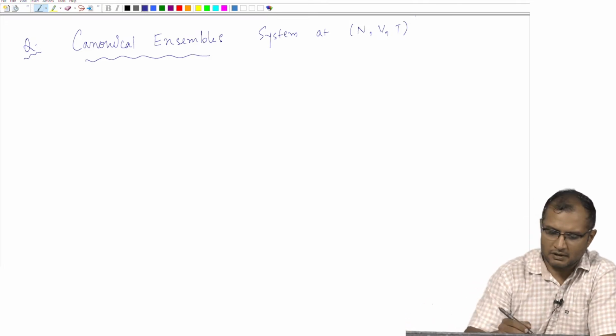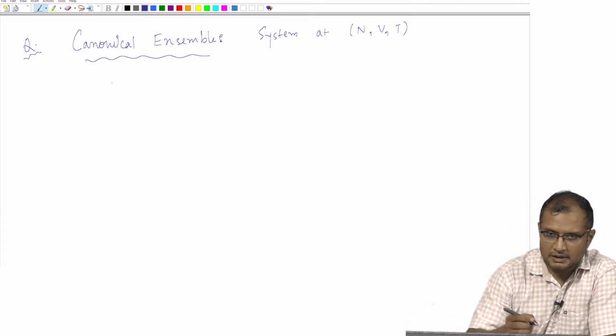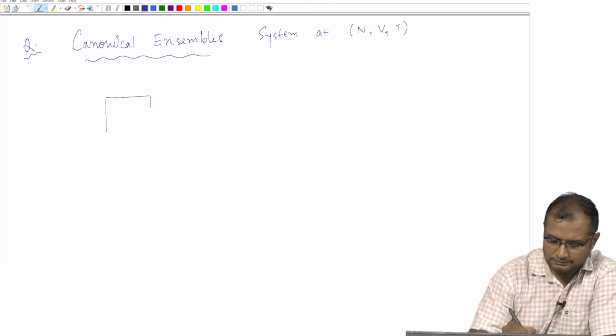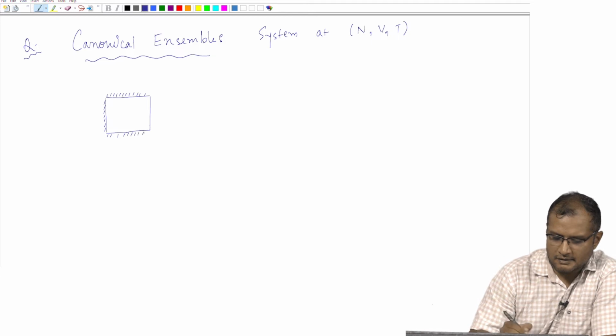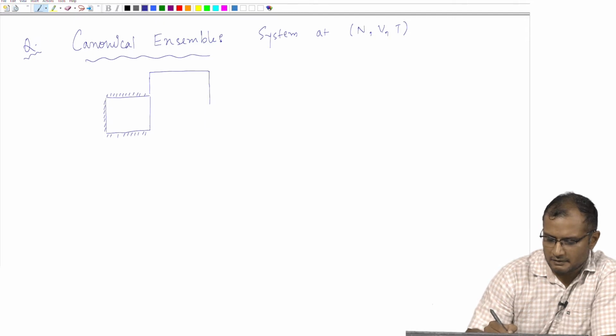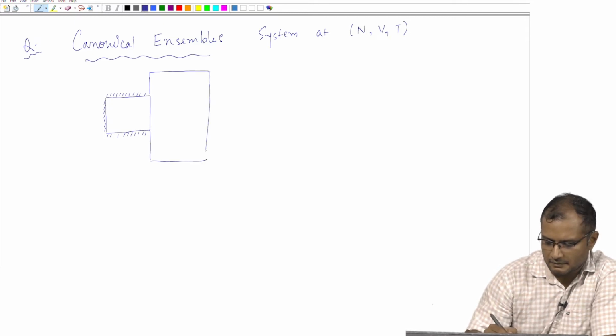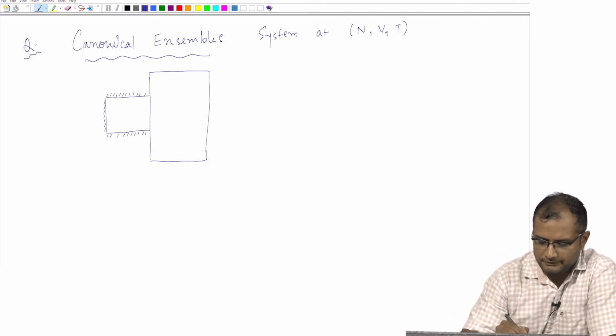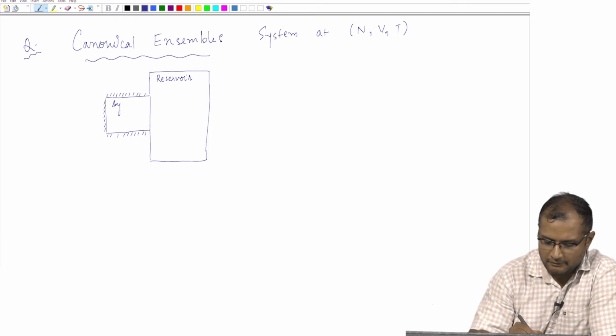So, if you recall a canonical ensemble, this is like a working material or an ideal gas, let us say for example. This is basically a system under contact with the reservoir. And the joint system is isolated.